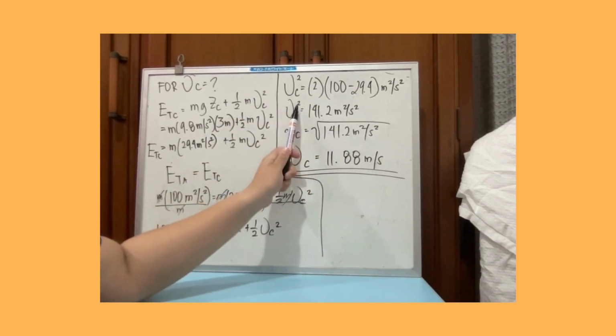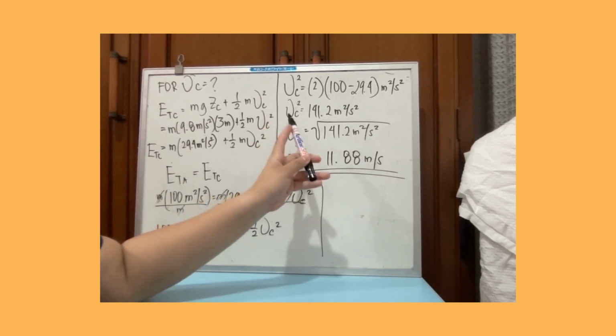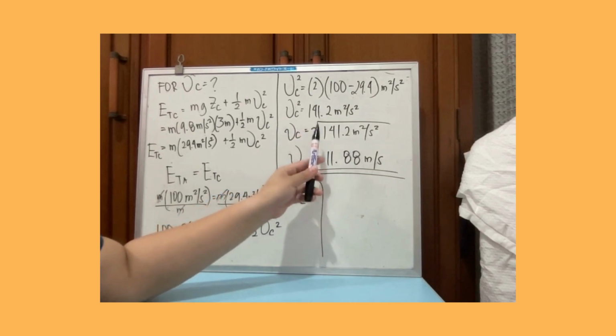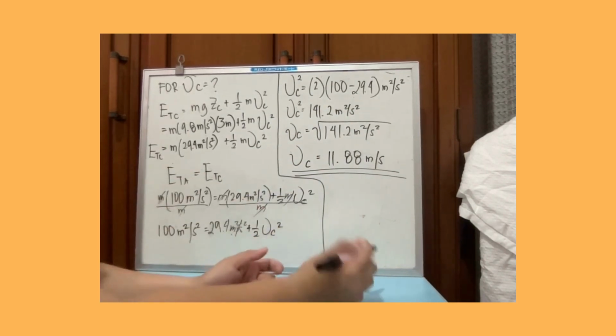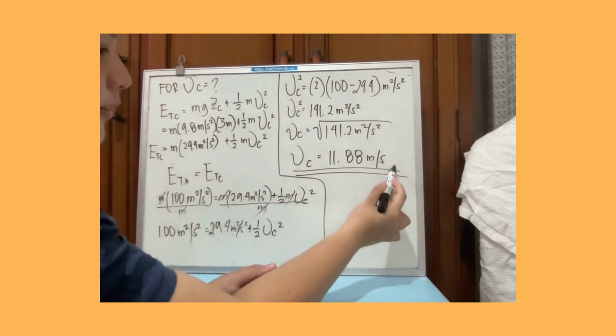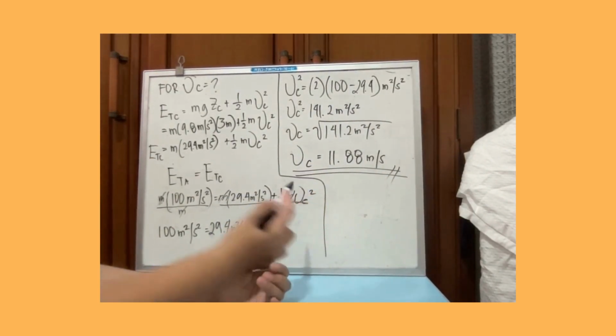Ngayon, para makancel natin yung squared, we need to apply square root on both sides. So, speed sub C is equal to square root of 141.2 meter squared per second squared. Ang magiging sagot niyan is 11.88 meters per second. So, nasolve na po natin yung speed sub C.